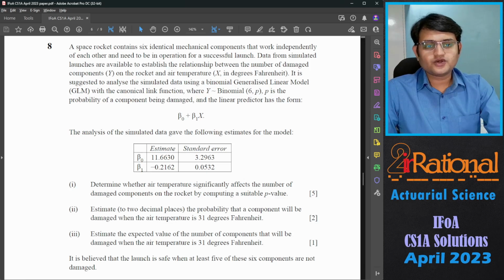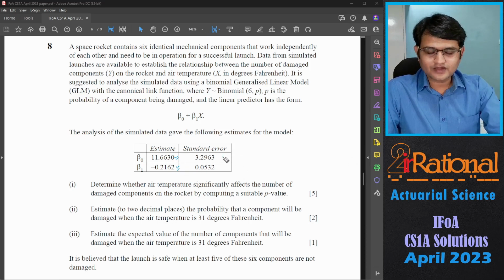It is suggested to analyze the simulated data using a binomial generalized model with the canonical link function, where y follows binomial 6, p. P is the probability of a component being damaged, and a linear predictor has the form of beta 0 plus beta 1 x. The analysis of the simulated data gave the following estimates for the model. So we have estimates for beta 0 and beta 1, and we have standard errors.